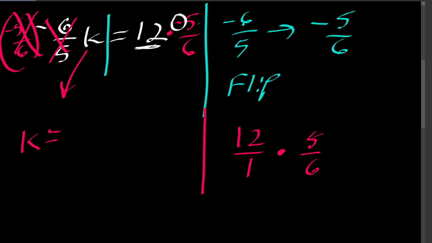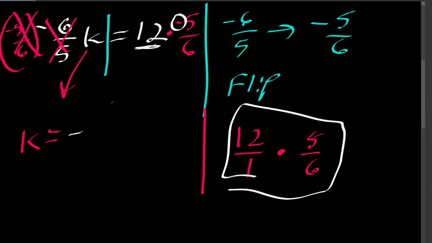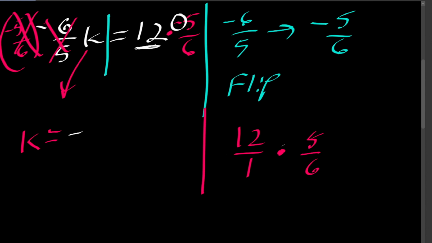Negative 5 over 6 is a negative. So what's a positive times a negative going to give me for my answer? It's a negative. So I can just carry that over, and it's in my answer. And now when I do all this math over here, I don't have to worry about the negative confusing me. I can just bring it over to the answer and then do the problem separately.